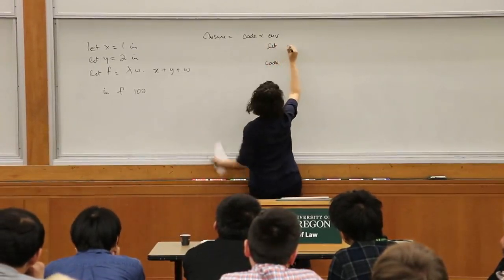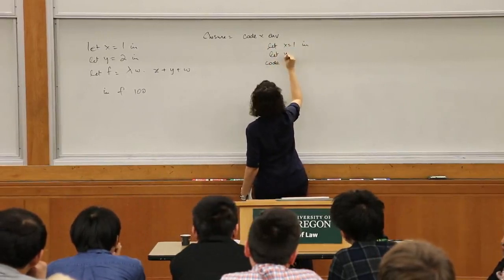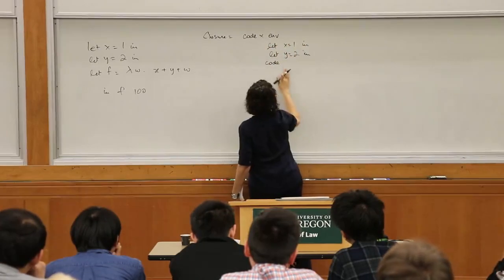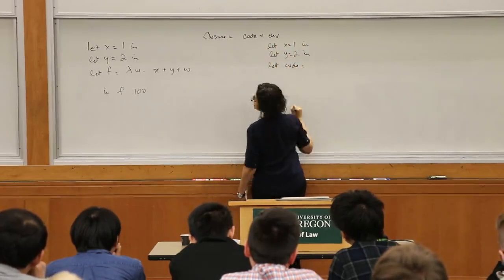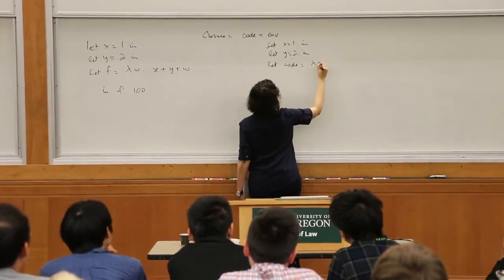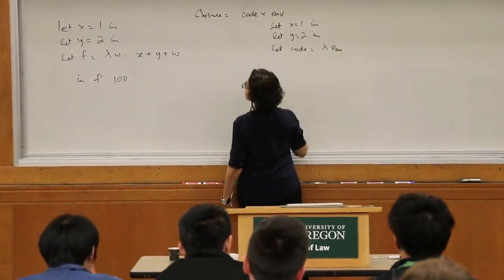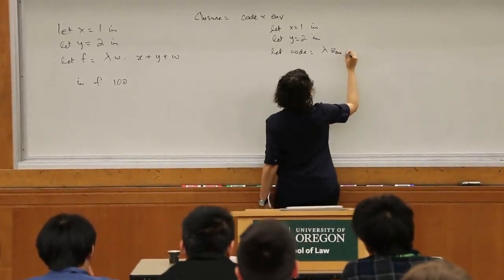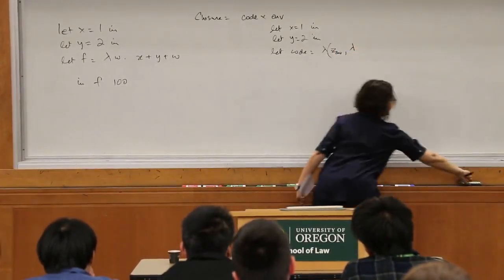Essentially, that program ends up getting converted into let x equals 1, let y equals 2, in let code be something that takes an environment, so let's call it z, this is the env, and something that takes w.